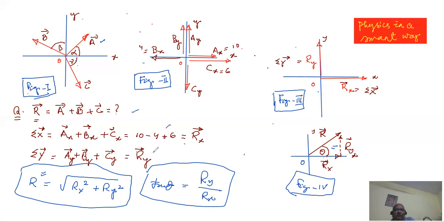These writings you have to do. Diagrams you may dispense with. Finally, from the first diagram, you can come down to the last diagram, skipping all those things, because how much is sigma x, or Rx, how much is sigma y, or Ry, you have already written them. If you are proficient in breaking a vector into x and y component, if you make their directions correct and find the magnitudes correctly, then we'll have no problem. So in every case, you are not required to draw all the 4 diagrams. I have drawn the 4 diagrams for your convenience so that you can easily understand this.